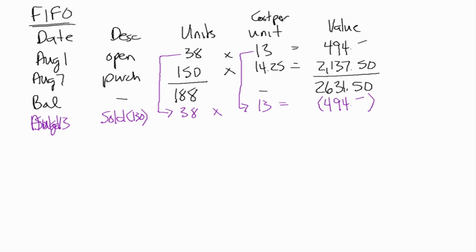Now, 130 units, subtracting 38 tells me how many more units I've taken from the 150. From this 150, I need to take 92 units. Of those 92 units, they're going to cost $14.25. If I multiply that out, those units cost $1,311.